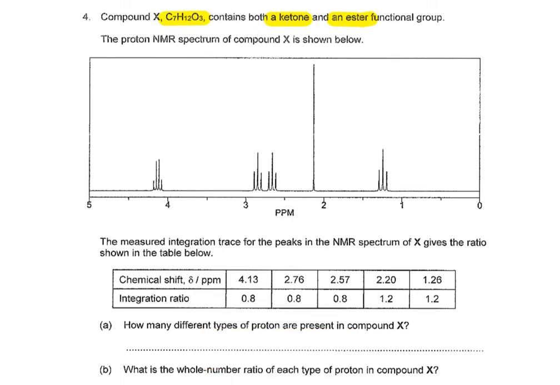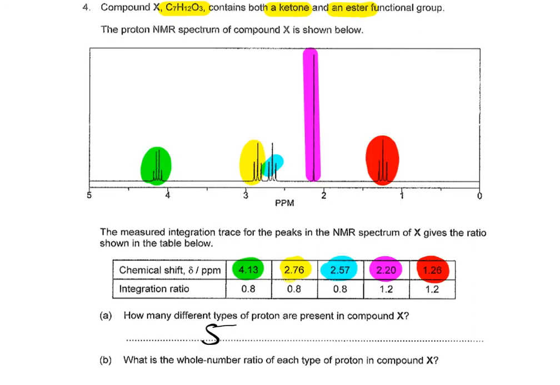First thing that we can note from the spectrum is that there are 5 peaks, which means there are 5 different proton environments. Now the ratio has been given as 0.8 to 0.8 to 0.8 to 1.2 to 1.2, so they've not given us the numbers straight away.